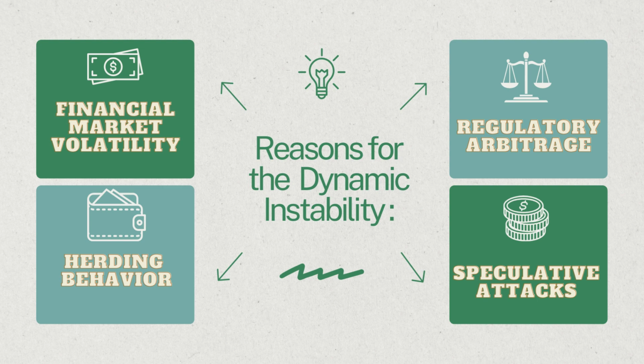Speculators in the foreign exchange markets can trigger dynamic instability by betting against a particular currency. These are some of the reasons for the dynamic instability. It is important to understand these factors in order to develop effective policies to promote stability.